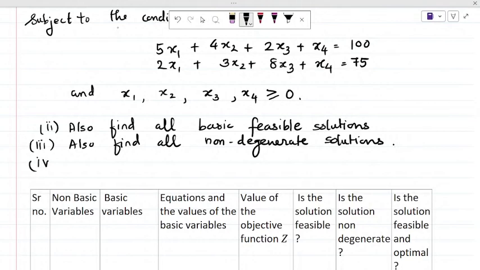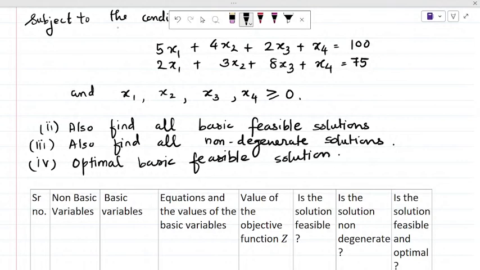Fourth, they have said find the optimal basic feasible solution. So all these things we have to find, and then we have to get the whole thing done. So let us see how to handle it.